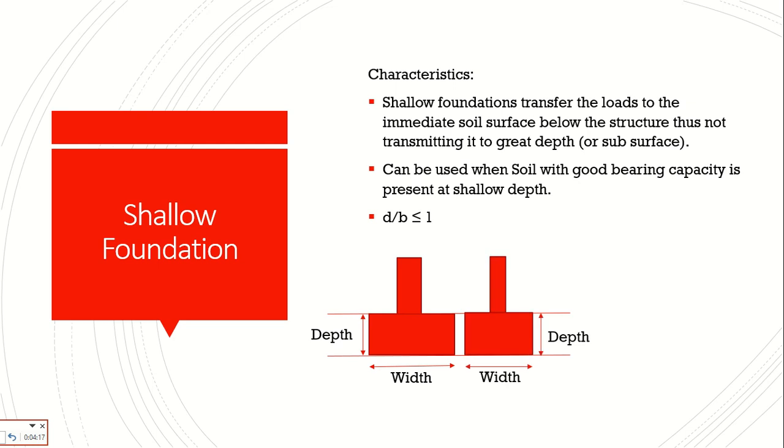Now in this figure we can observe that depth and width are approximately equal. So we can define shallow foundation based on this rule that depth of a foundation, denoted with the help of D, is less than or equal to width, which is denoted with the help of B.